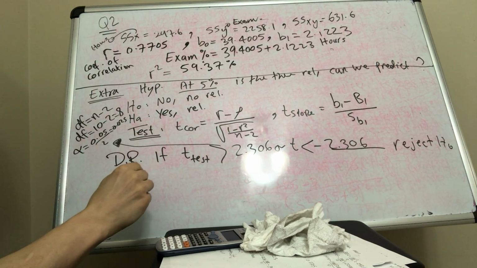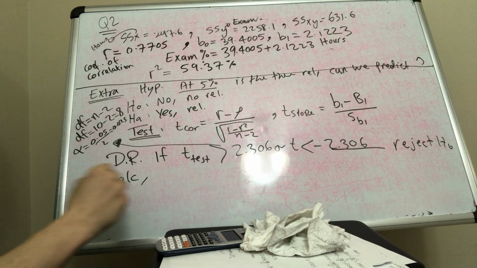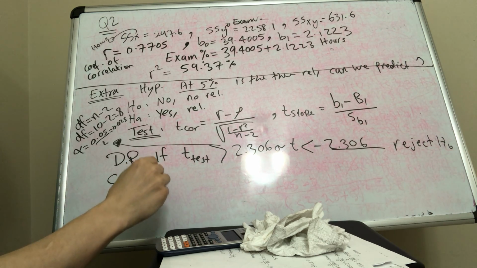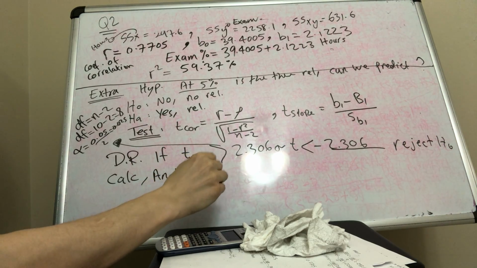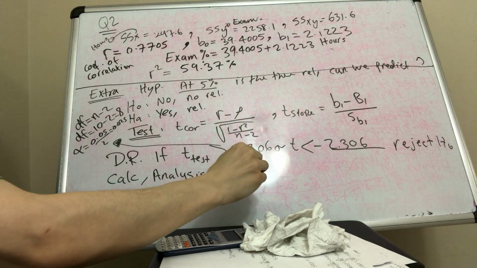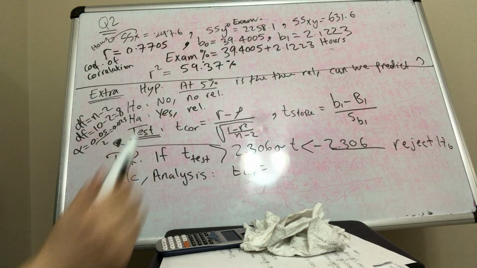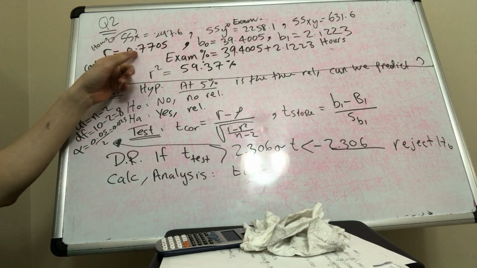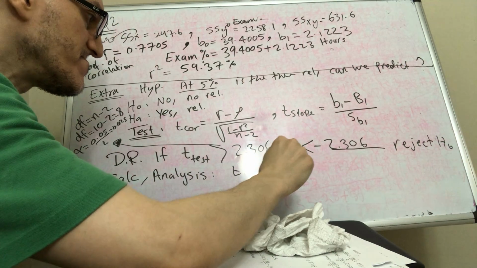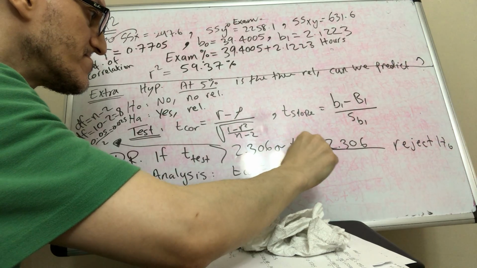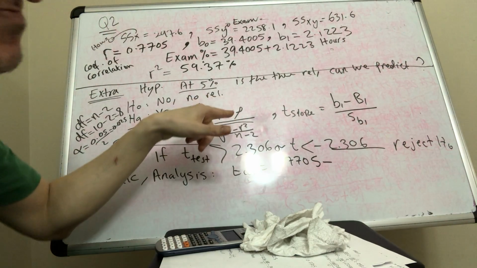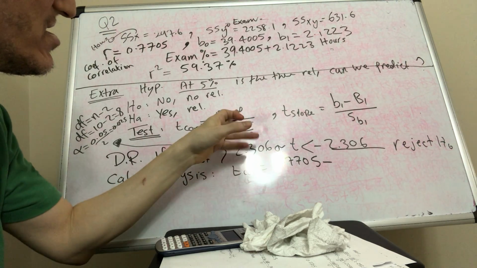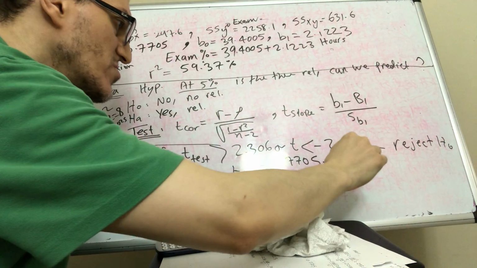Calculations or analysis. We put everything in the t-score. r was this number. This delta, we call it rho, is always 0, so don't worry about it.